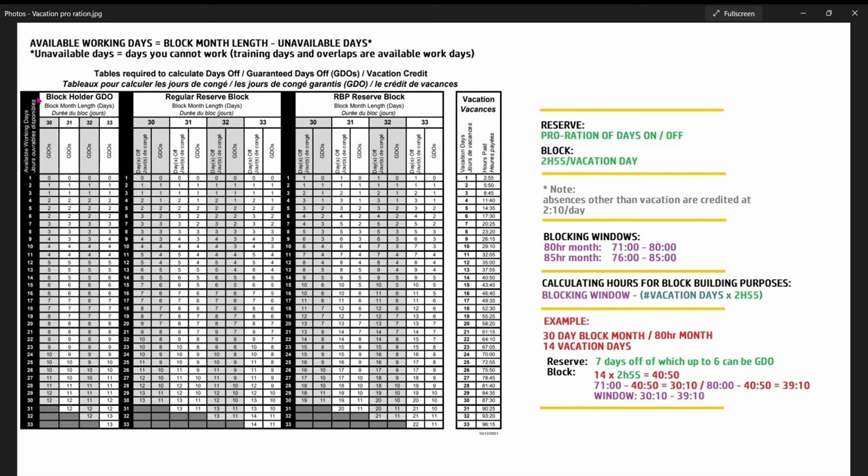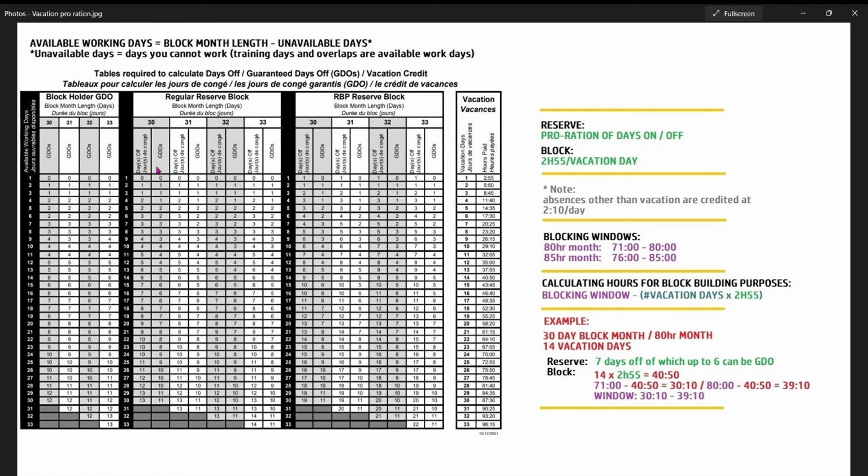So I would scroll down the number of available working days till I get to 20, scroll over until I'm under the reserve section, so 20 available days in a 30-day block month. I get 9 additional days off, of which up to 7 of those 9 can be considered GDOs.